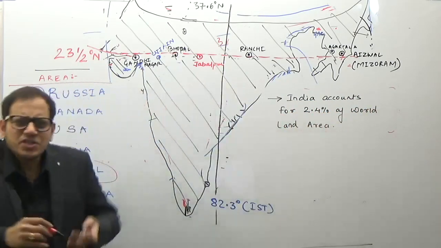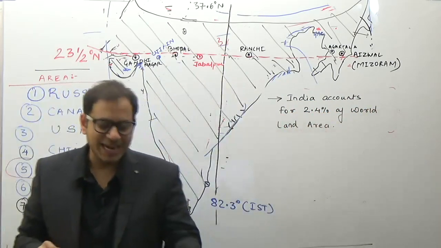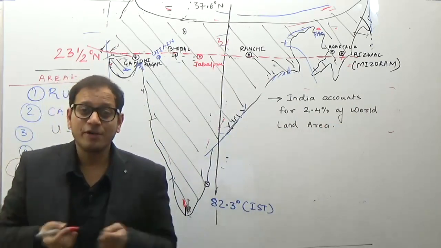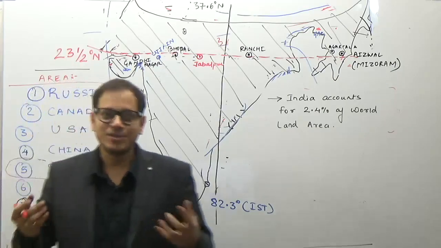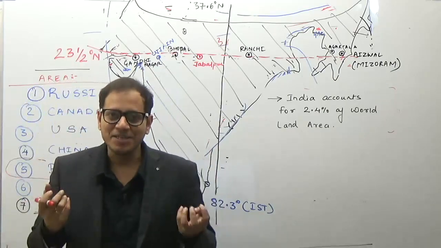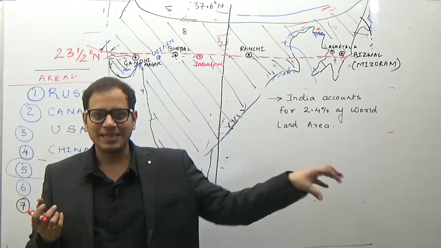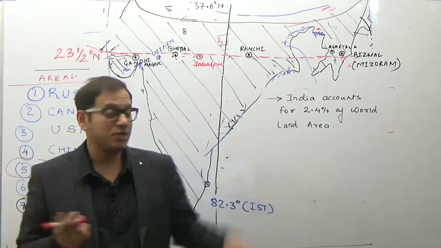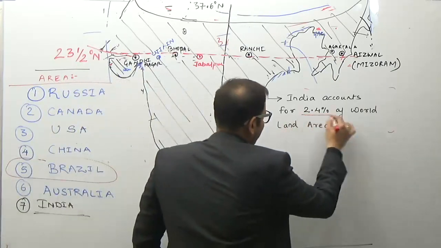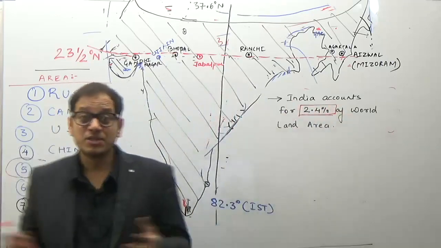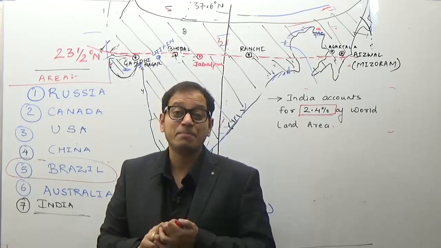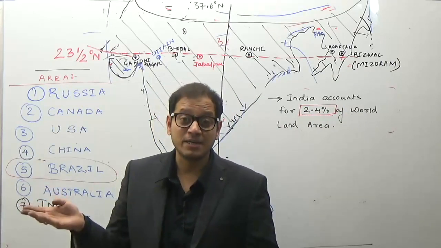So we account for just 2.4% of the world's land area, but this 2.4% supports around 16% of the world's population. That means too much population pressure on the land here in India. So it accounts for 16% of the world's population, the second most populated country in the world.